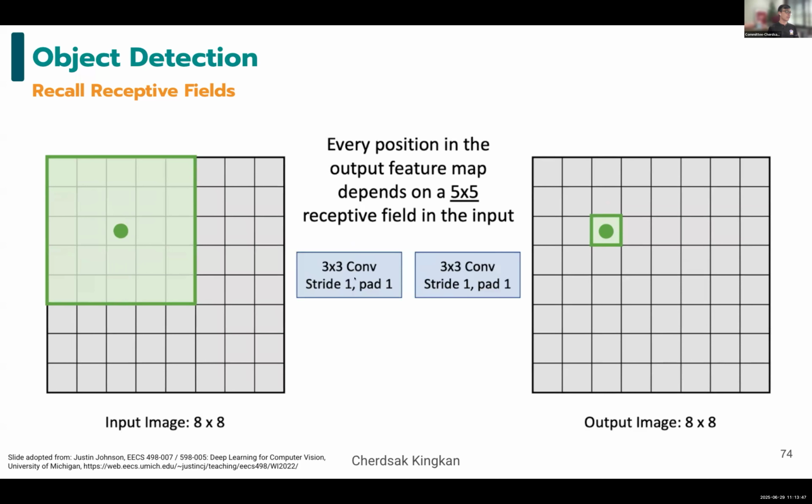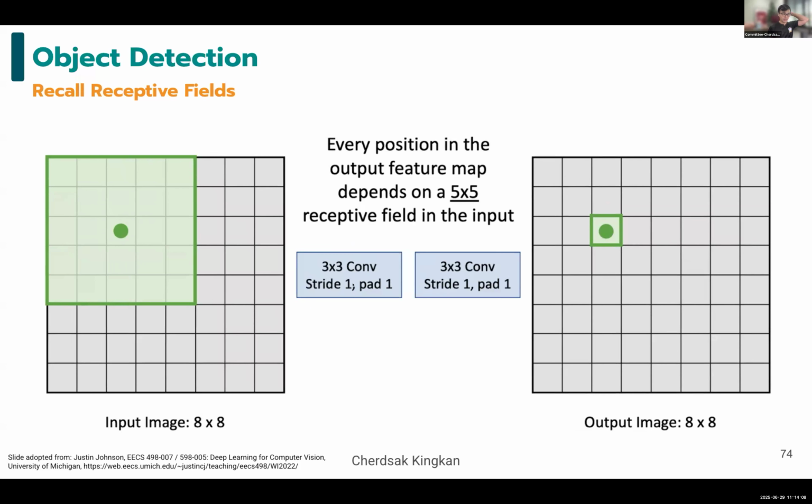And also, if we pass this image through two conv layers, right? Which means that every position in the output image or the feature maps depends on a 5x5 receptive field in the input. Do you remember why?